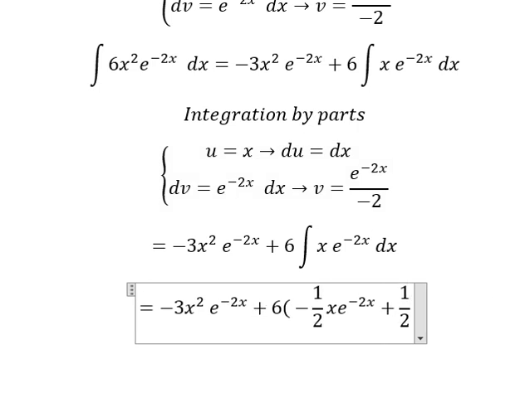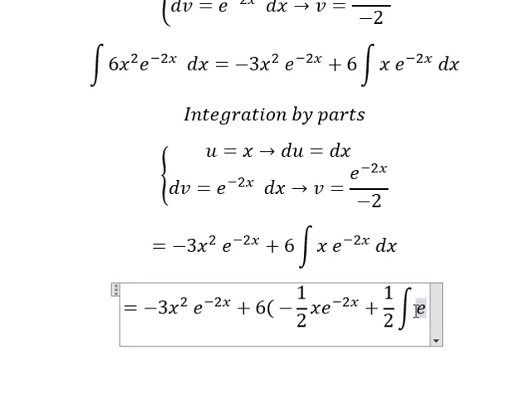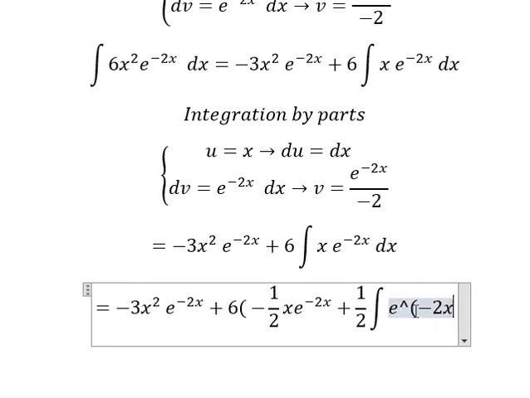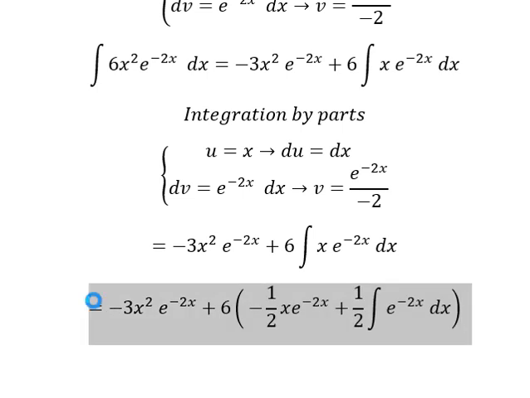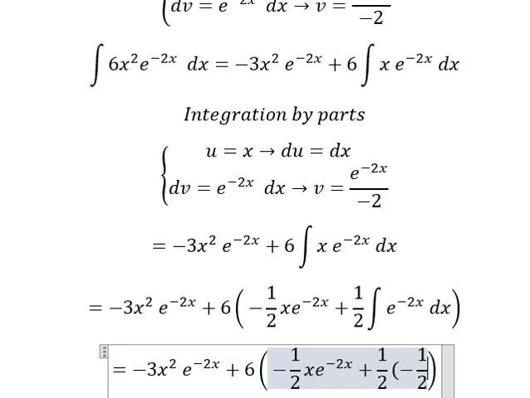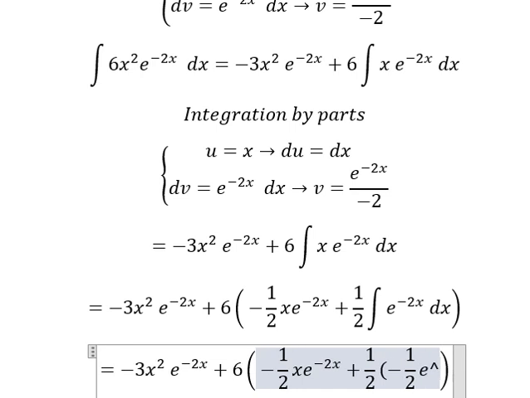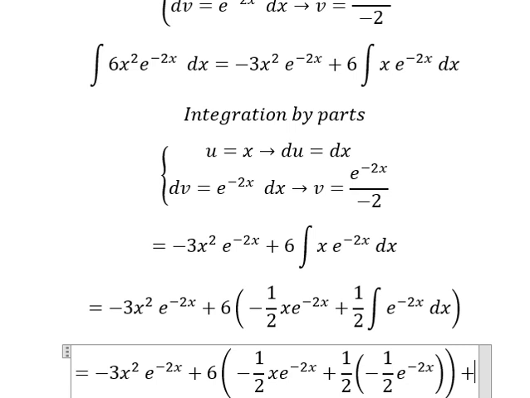And now we have the integration of e to the power of negative 2s ds. So the integration of this one is negative 1 over 2 e to the power of negative 2s, and I will put c.